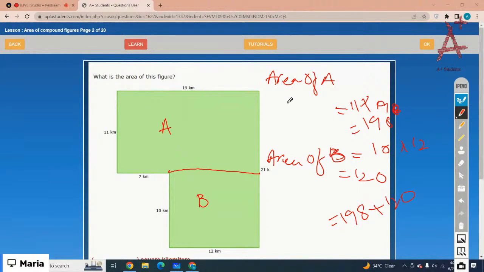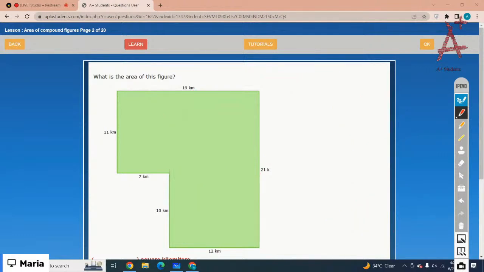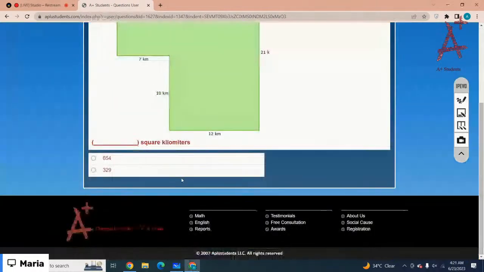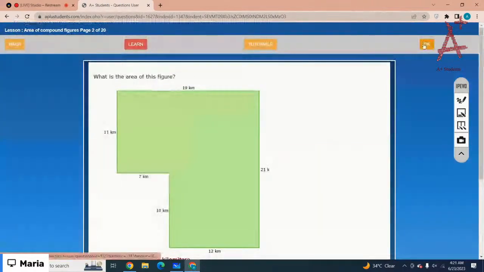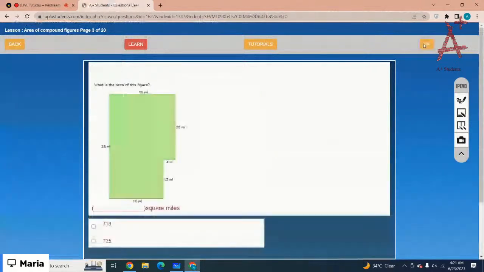So when you add them, they make 318. So that means the area of the shape is 318. That would be 329.